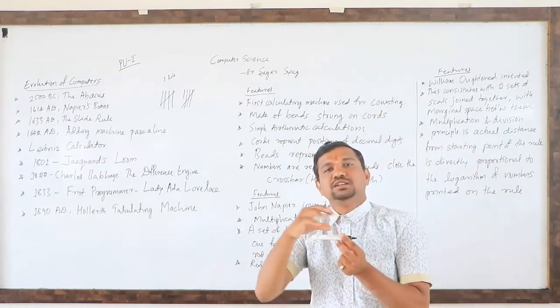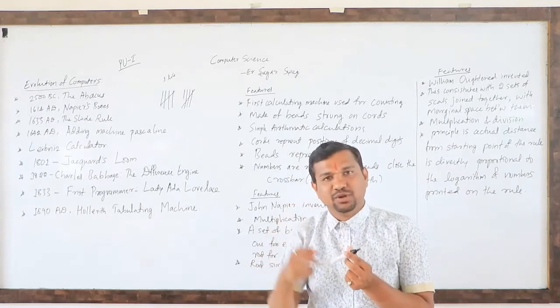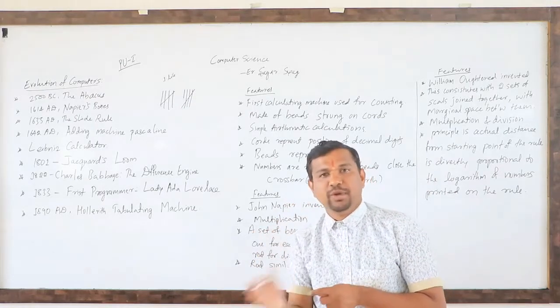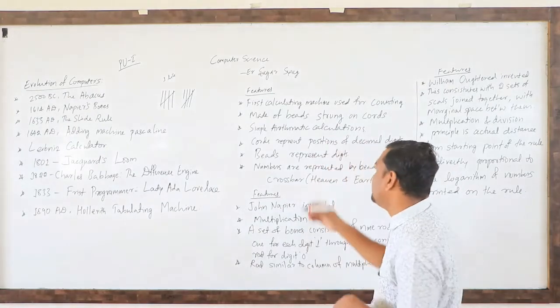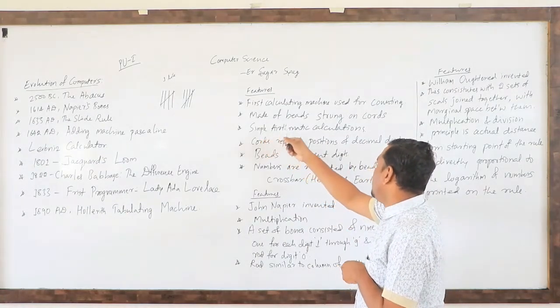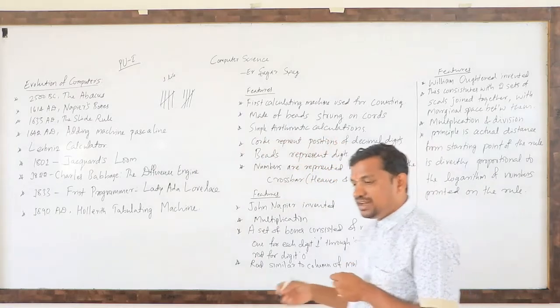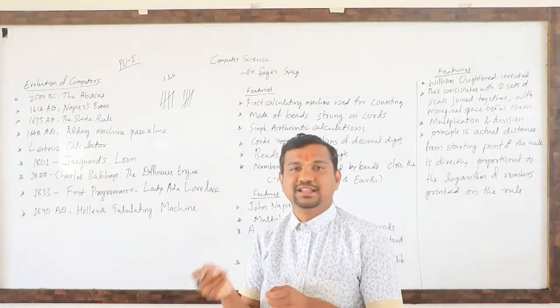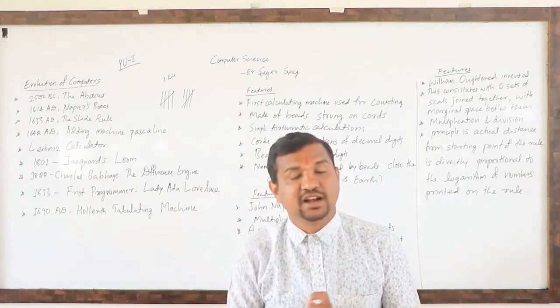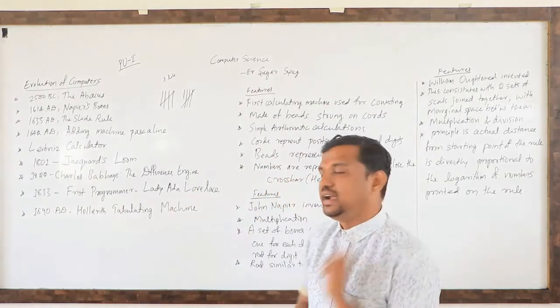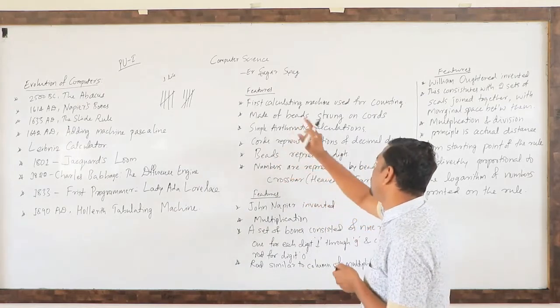On that cord, some bead arrangement will be there. By moving the beads, heaven and earth, the movements and calculations are done. Simple arithmetic calculations like addition, subtraction, and other basic operations are done here.